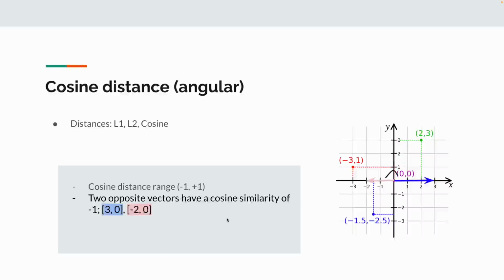And if they are in the opposite direction, so for example here 3, 0 and negative 2, 0, they are actually on the opposite sides of the axis, okay? They are pointing towards completely different directions at a 180 degree angle, okay? So in that case, the cosine distance will be negative 1. So the cosine distance range is negative 1 to positive 1.